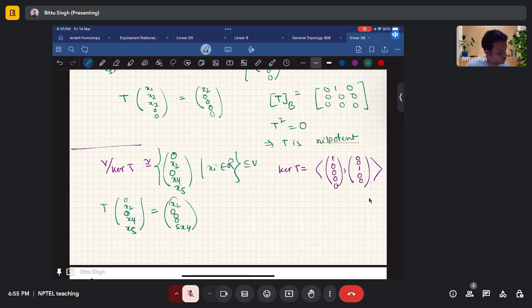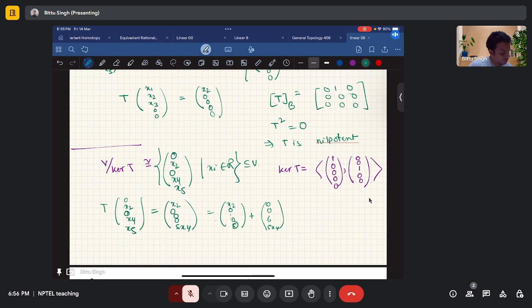So this actually belongs to the kernel of T. So this is actually automatically 0, because we can write this as x2 0 0 0 5x 0 plus 0 0 0 5x4, right?